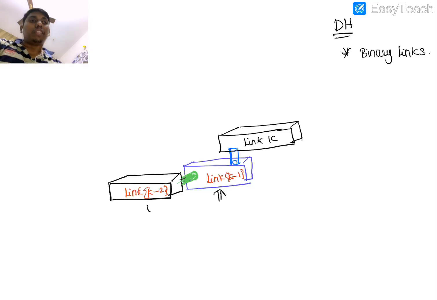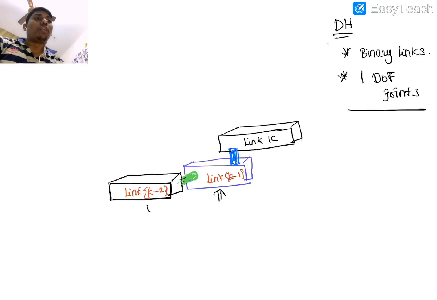One joint connects link k and k-1, and the other joint connects link k-2 and k-1. The second assumption is that all the joints are one-degree-of-freedom joints. The third and fourth assumptions we will see over the course.